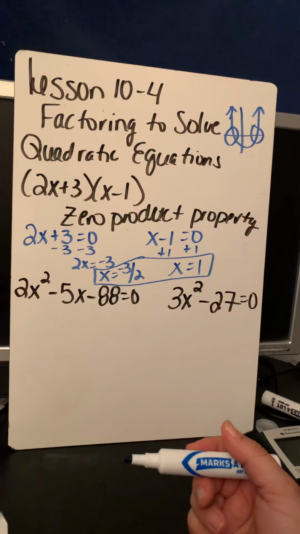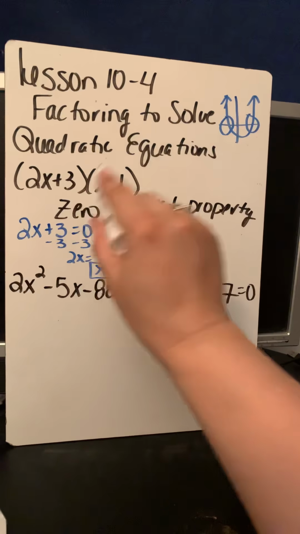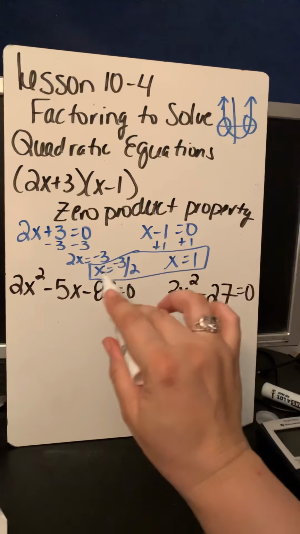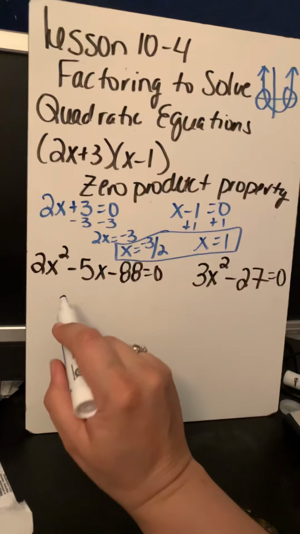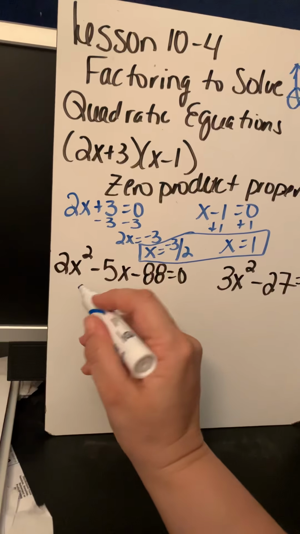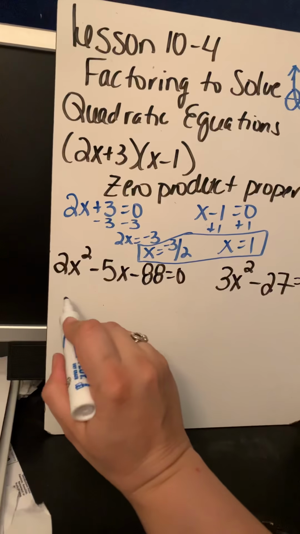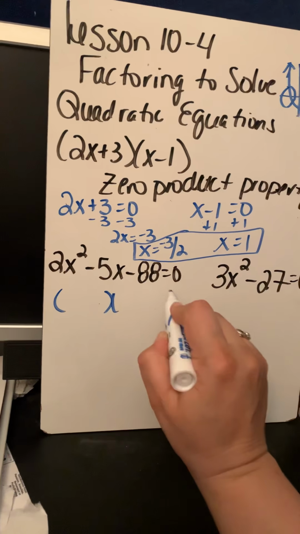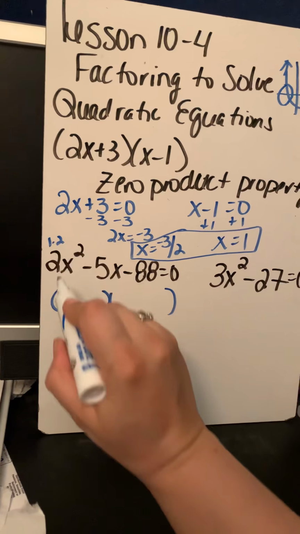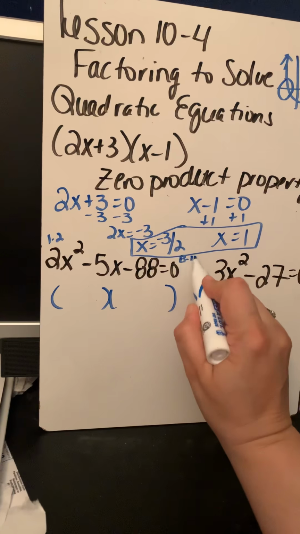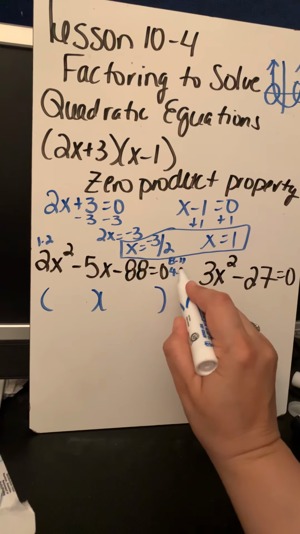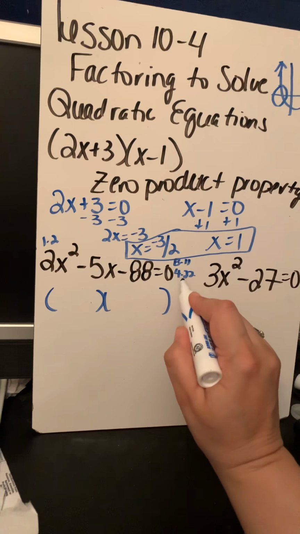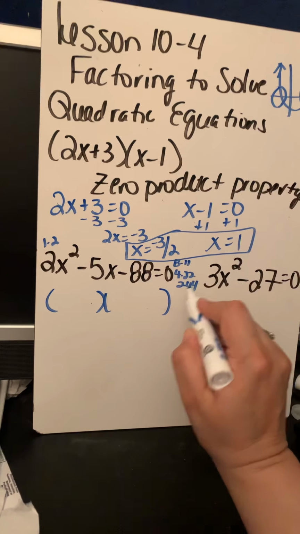So that is what we're doing. We are factoring them out, and then we're going to set each part equal to 0 and find our 2 x-intercepts. So this one here, factor it. I can't pull anything out. So I've got 1 and 2, 8 and 11, 4 and 22, 2 and 44.